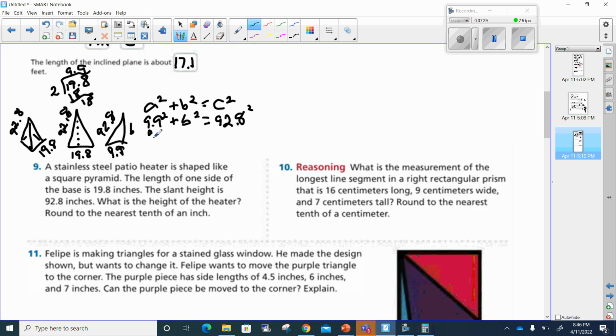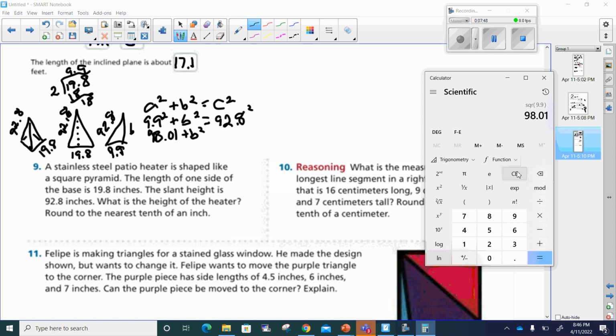So this is 98.01. We're adding that to b squared, and that has to equal 92.8 squared.